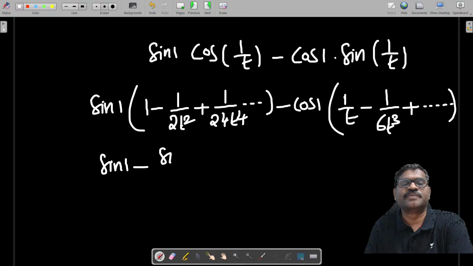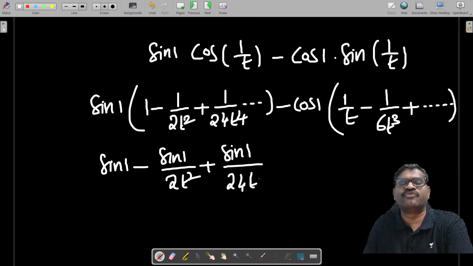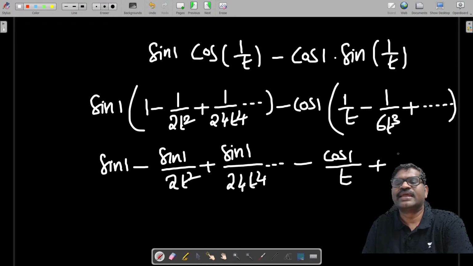That gives sin 1 by 2t square, sin 1 by 24 t power 4, cos 1 by t, cos 1 by 6 t cube and so on.